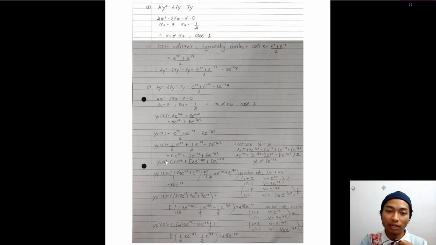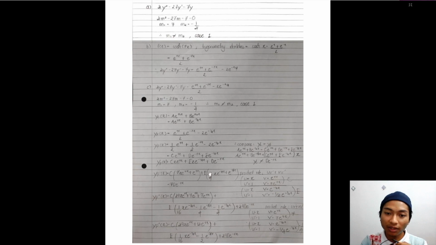After we get the final equation for yp, we need to find yp prime. For the c term, we can see that there are two variables, x and the exponential, so we need to apply the product rule, which is uv prime plus vu prime. The final equation for yp prime is c multiplied by 7x e to the 7x plus e to the 7x.